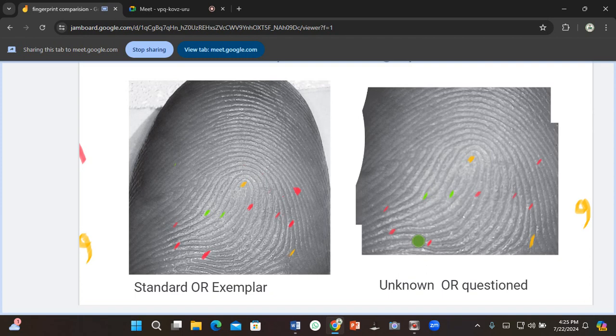And the exemplar also must be okay. If the exemplar in the database, or the exemplar that you have taken from a suspect, is not well taken, then it will affect the result.